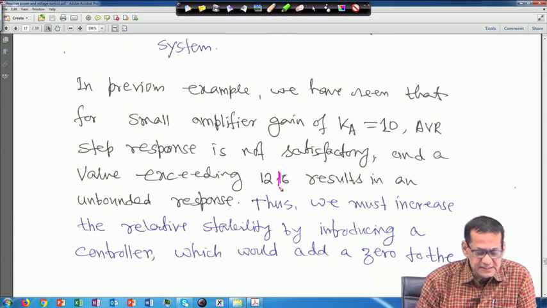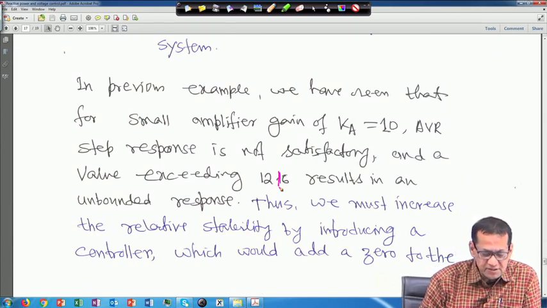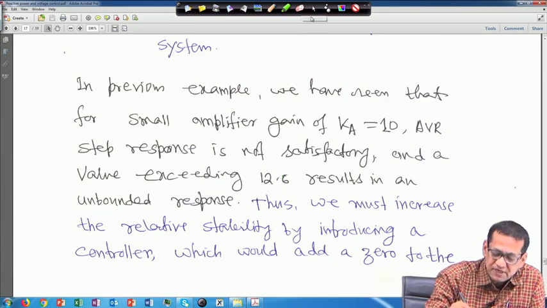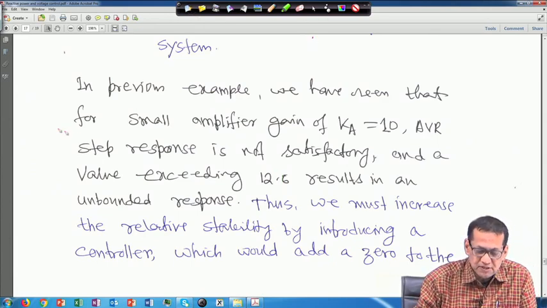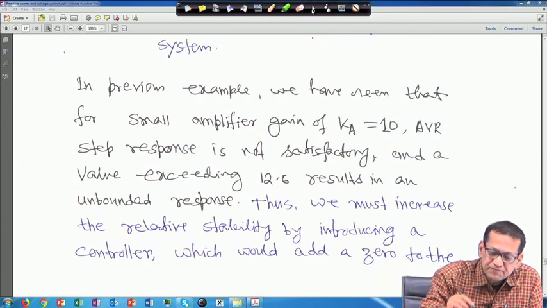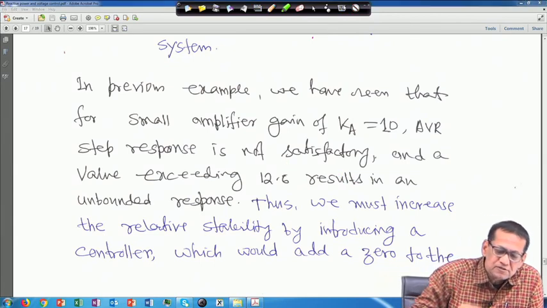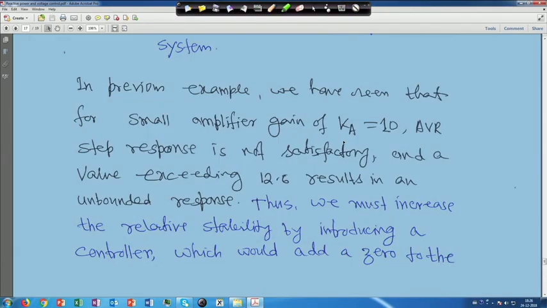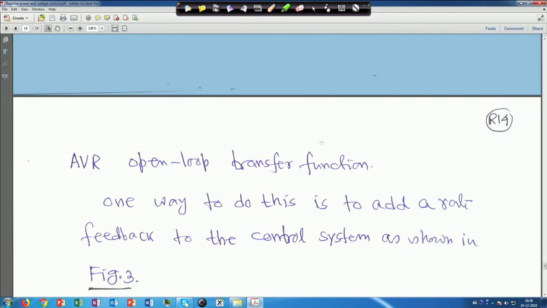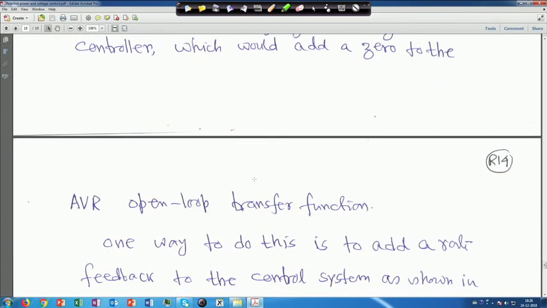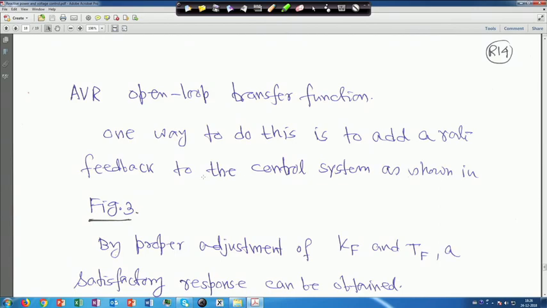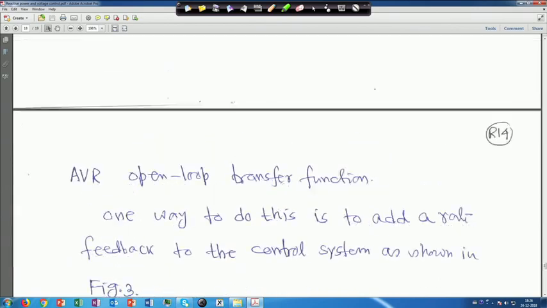Thus, we must increase the relative stability by introducing a controller which would add a 0 to the AVR open loop transfer function. One way to do this is to add a rate feedback to the control system, as shown in figure 3.